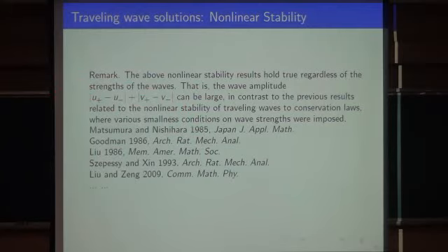So this is more physical, because in a lot of theoretical results, this must be small, as in the previous work and in the general case. But in physics, the wave stresses are not small.